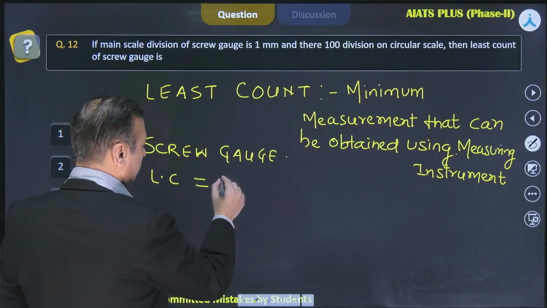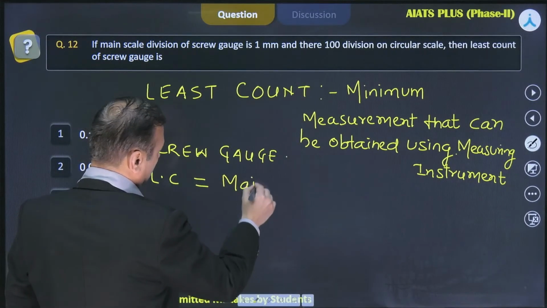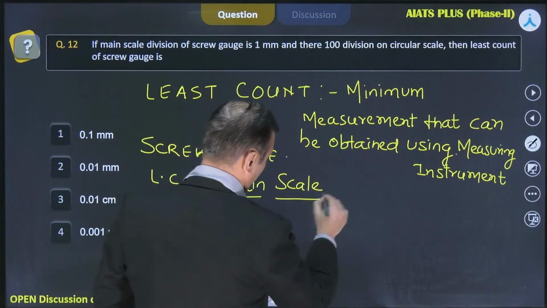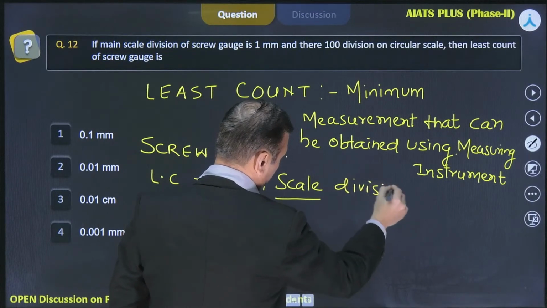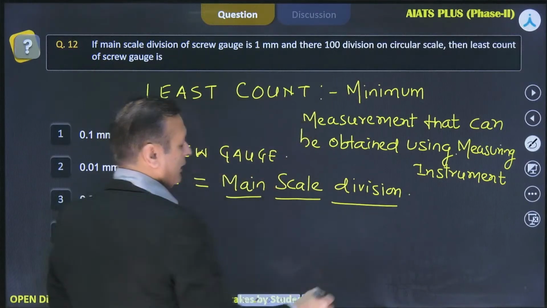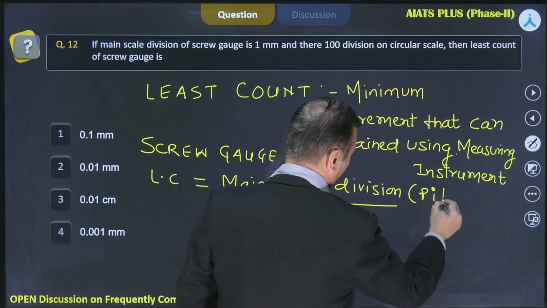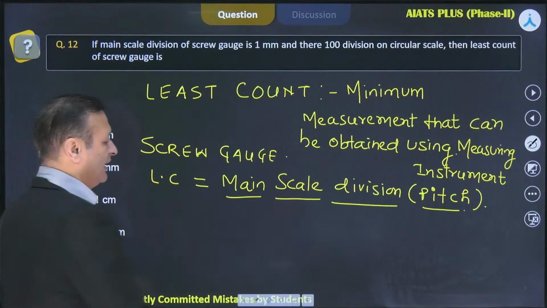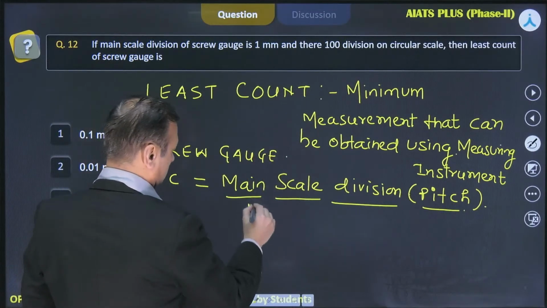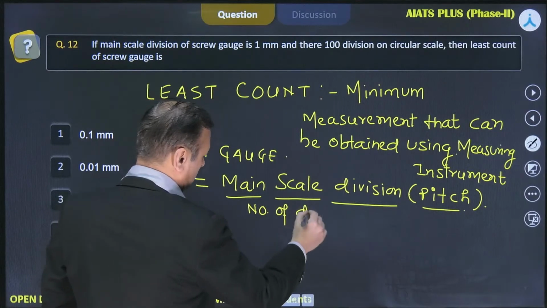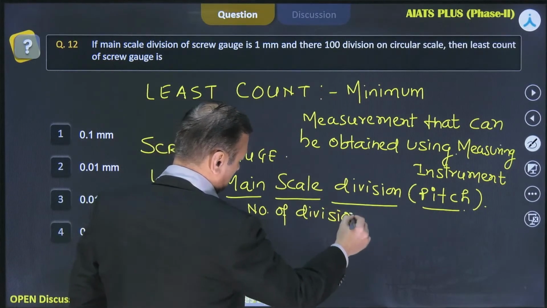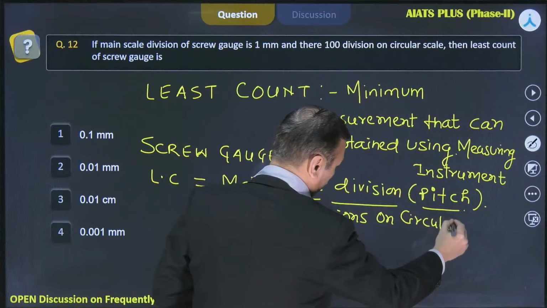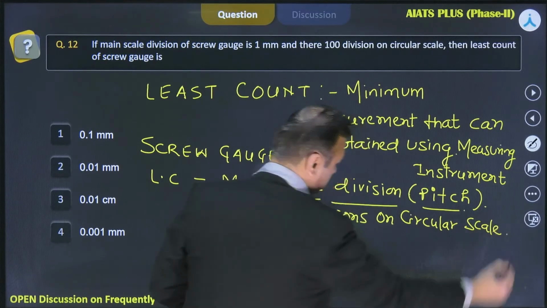It is the main scale division, which is sometimes also known as pitch, divided by the number of divisions on your circular scale.